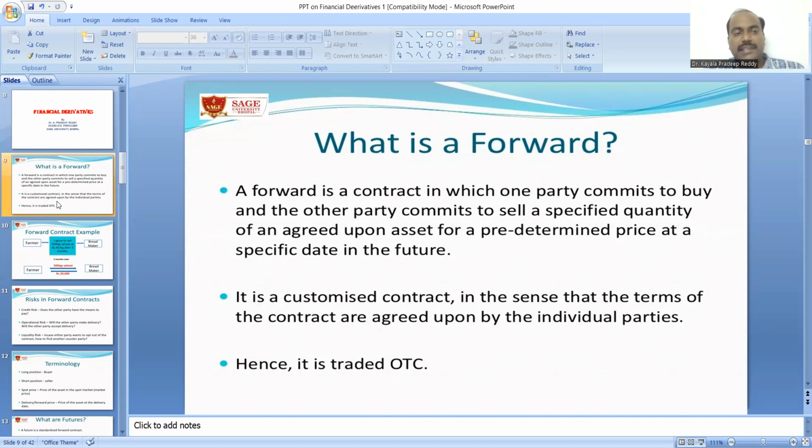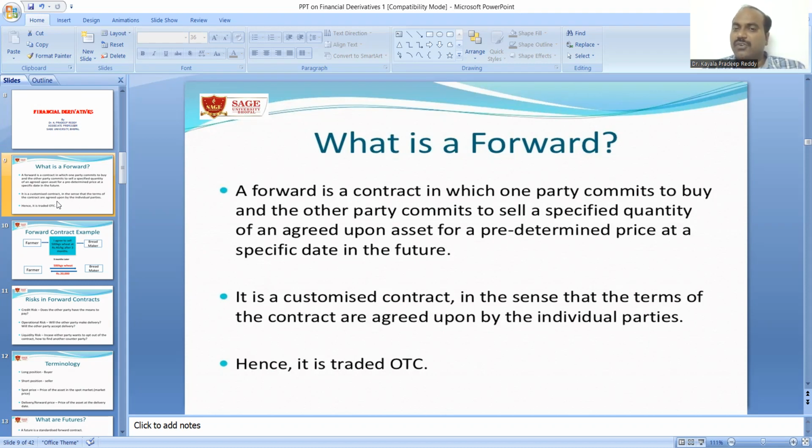For example, a farmer and a trader come together at one place and enter into a contract, saying that the farmer will supply wheat in the next 6 months. Both of them discuss the contract, and the price is also decided today itself. So that is a forward contract.